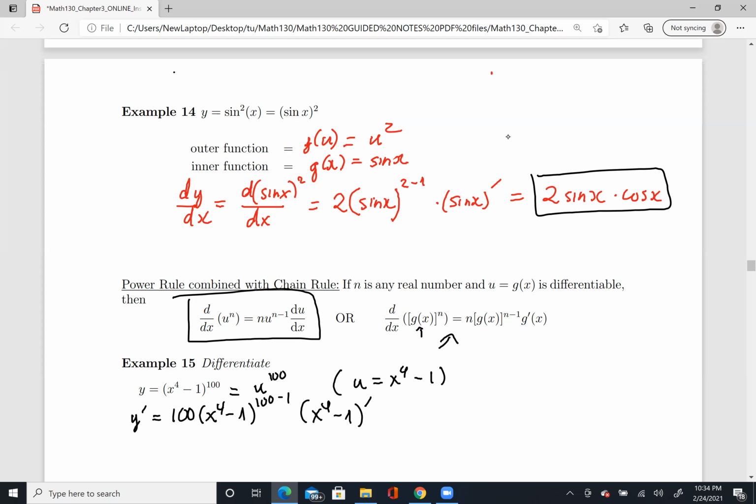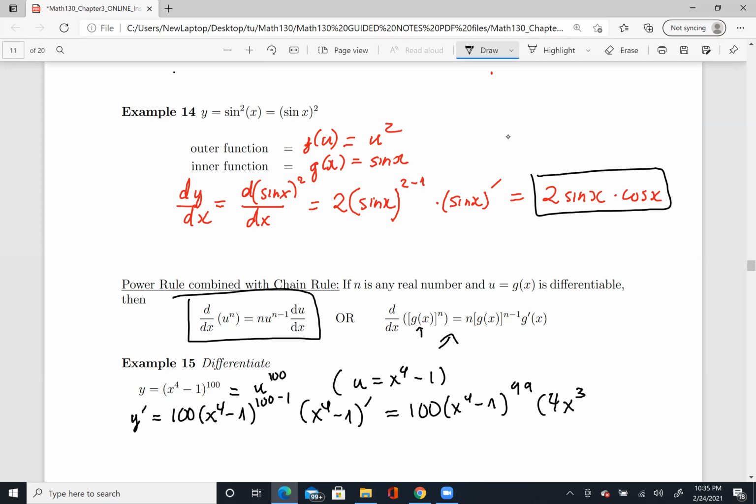Okay, so one more step, I have 100 times x^4 minus 1 to the power 99. And for the x^4 minus 1, the derivative, multiplied by the derivative of x^4 minus 1, is going to be 4x to the power 3, and the 1 is going to be 0. So I'm just going to put it like this.